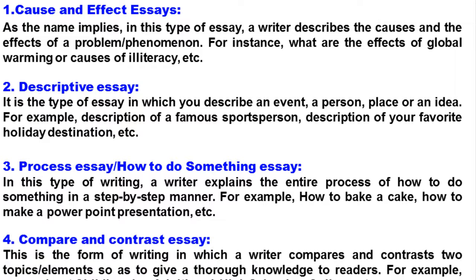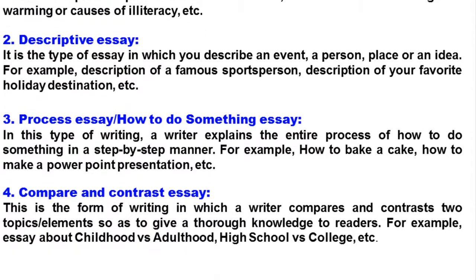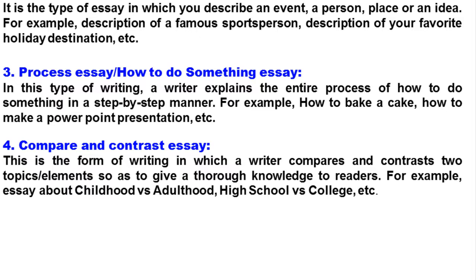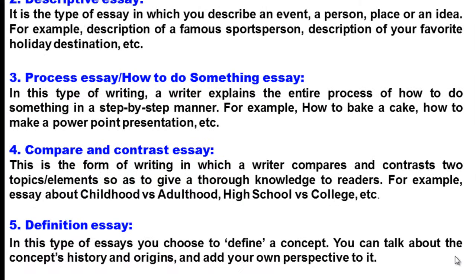Compare and contrast essay. This is the form of writing in which a writer compares and contrasts two topics or elements so as to give a thorough knowledge to readers. For example, write an essay about childhood versus adulthood, or high school versus college, and so on.